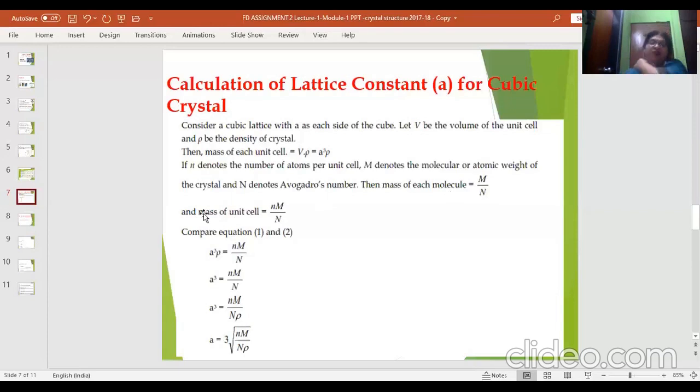So the mass of one unit cell will be n into M by N. Comparing these two equations, because both are nothing but the mass of the unit cell, one is given in terms of a cubed rho, the other in terms of n. So a cubed rho is equal to nM by N, or a cubed is equal to nM by N rho. You take this equation, or a is equal to the cube root of nM by N rho.